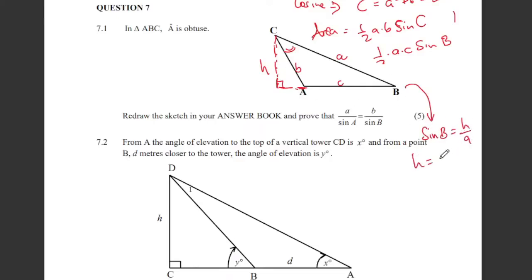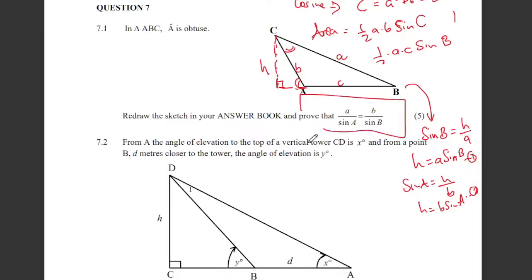Make h the subject. You have a sine B. Then if you have, let's say, the sine of this angle A focusing on this triangle, sine A, the opposite is h over b. Make h the subject, it's b sine A. Call this equation 2, probably equation 1, and then equate the two equations, and then divide through by sine A sine B, you'll get to that part.